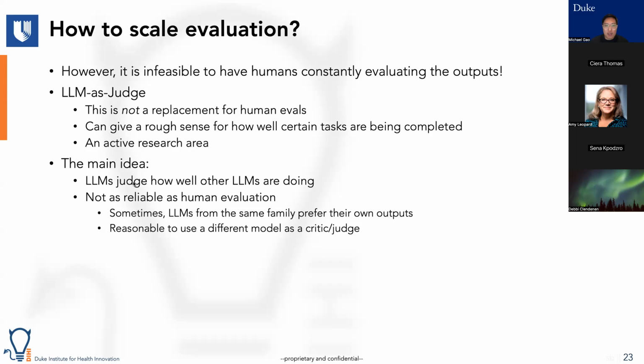We've seen some examples, for example, that large language models from the same family, meaning they're both from the same company, tend to prefer their own outputs. And so sometimes it's reasonable to use a model from a different provider or a different family of model to act as a critic or judge for the other one. There's been some well-documented research showing that, basically because their training datasets look similar, they tend to prefer outputs from their own model class.